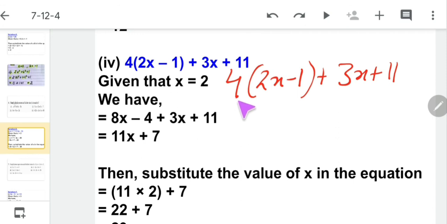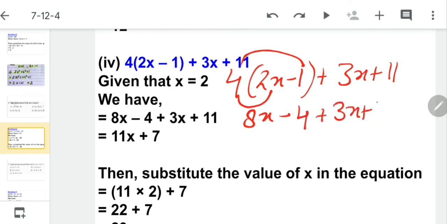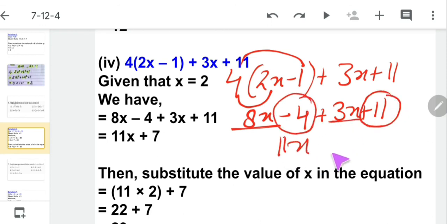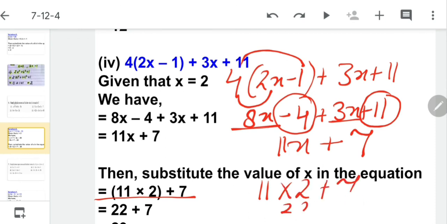Now first we have to multiply 4 with 2x, so it will be 8x, and 4 with minus 1, so it will be minus 4, plus 3x plus 11. 8x and 3x will be 11x, minus 4 and plus 11 will be plus 7. Now place the value of x. So it will be 11 into 2 plus 7, 22 plus 7 gives us which value? 29. Okay.